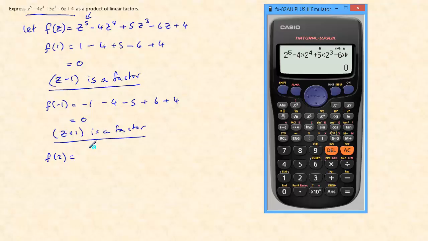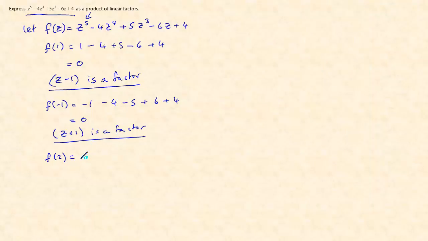And that comes to 0 as well. So that means that z minus 2 is a factor. So this gives us enough to get down to a quadratic.